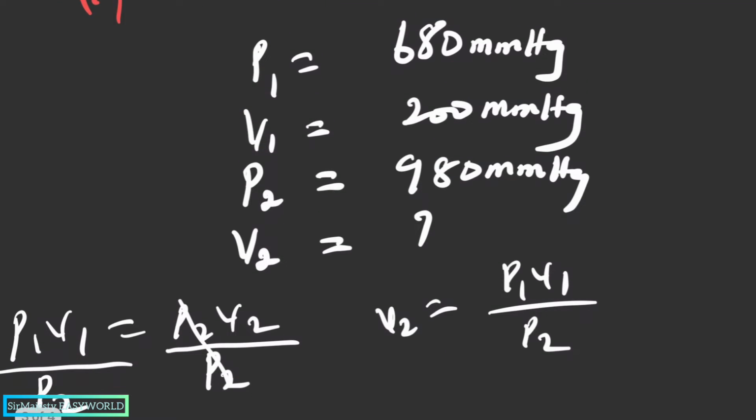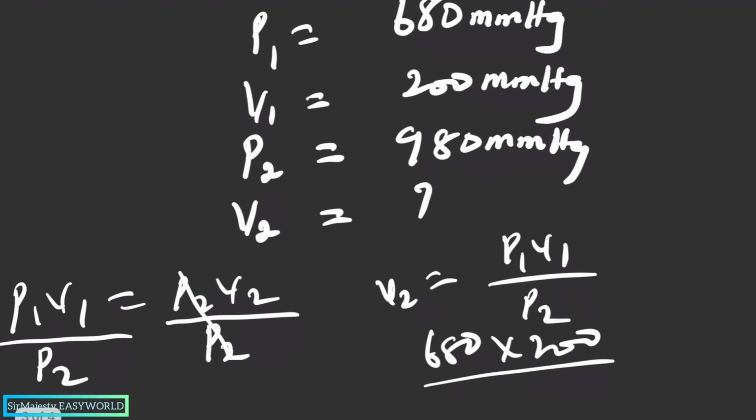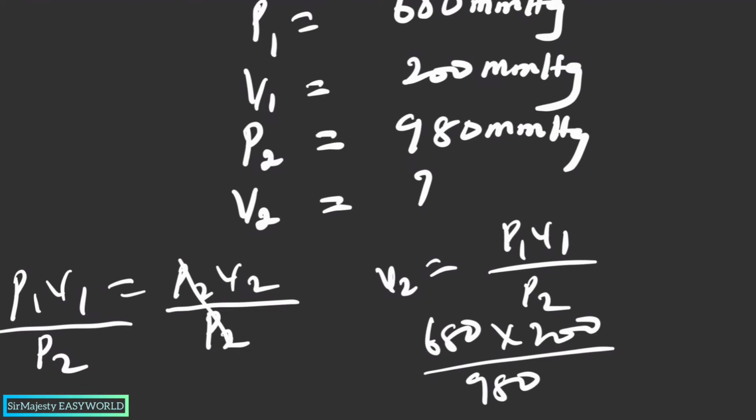My P1 is 680, times my V1, which is 200, all over my P2, which is 980. So I have to get my calculator here.